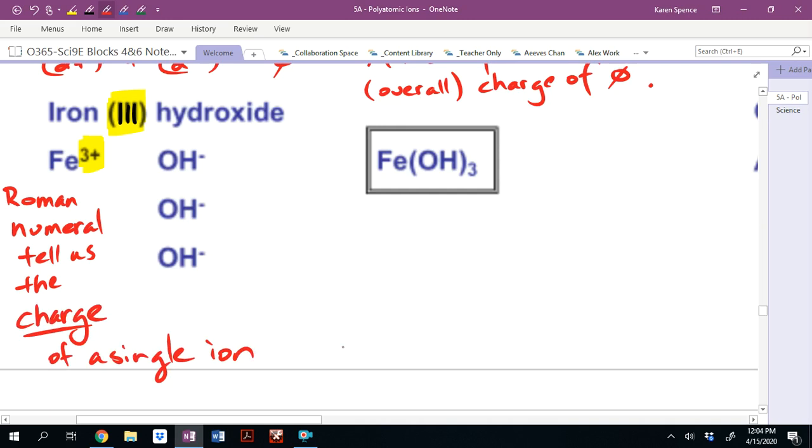So if it says iron 3, that's not Fe3. What it means is that we have 3+.